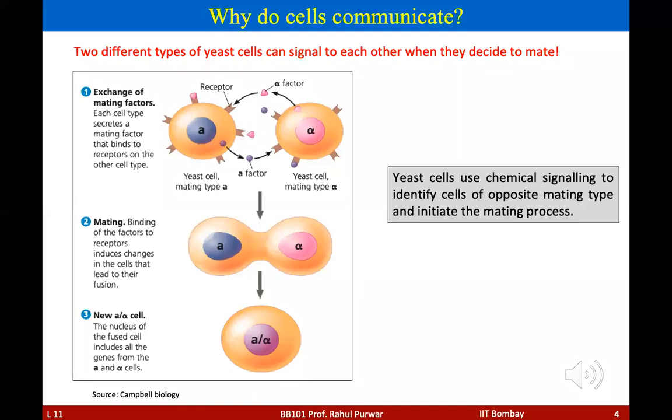The nucleus of the fused cell includes all the genes from the A as well as alpha. So that is how these two types of yeast, mating type A and mating type alpha, communicate with each other for the mating process.